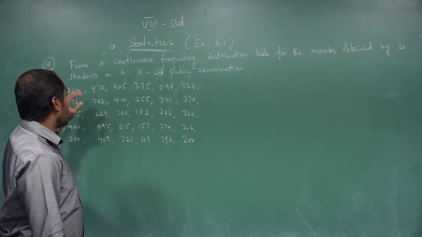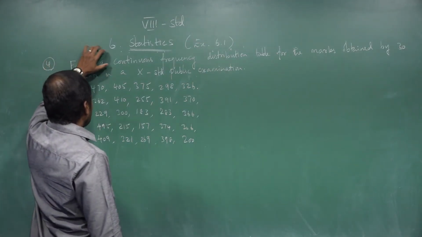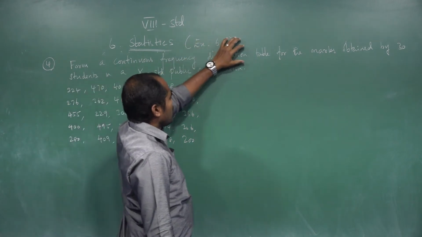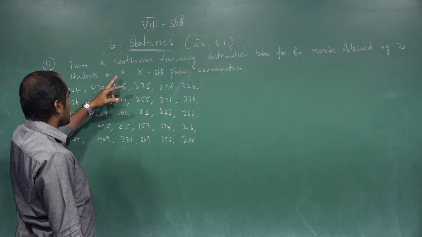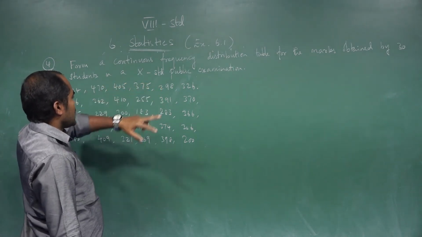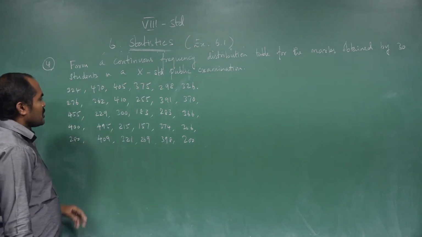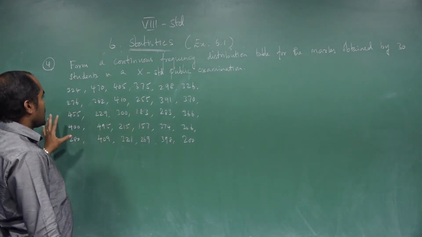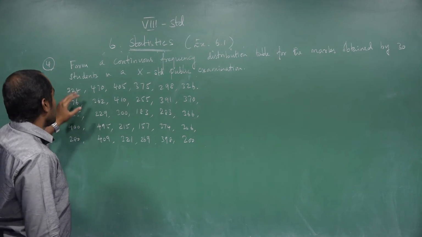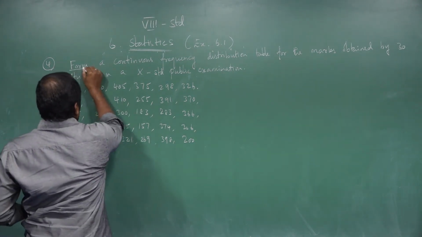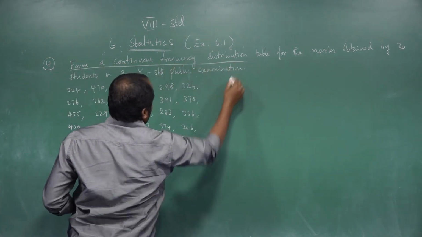Next, fourth question. Form a continuous frequency distribution table for the marks obtained by 30 students in a 10th standard public examination. So these are the marks obtained by 30 students in the 10th public examination. Our question is to form a continuous frequency distribution.